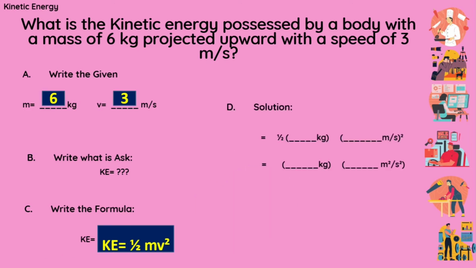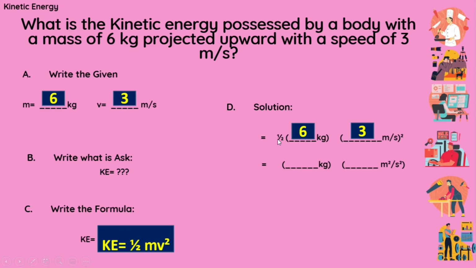Then for the solution, i-replace lang natin to. So you have to replace it with, anong ilalagay nyo dito? Okay, 6 kg. For the velocity, you have 3. So kung makikita nyo, kinopy lang natin. Mass, the formula is mass. I-replace lang natin siya ng value ng mass. While for the velocity, kinopy lang din natin sa given.